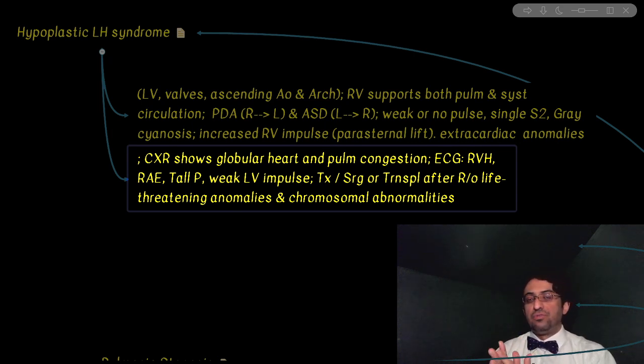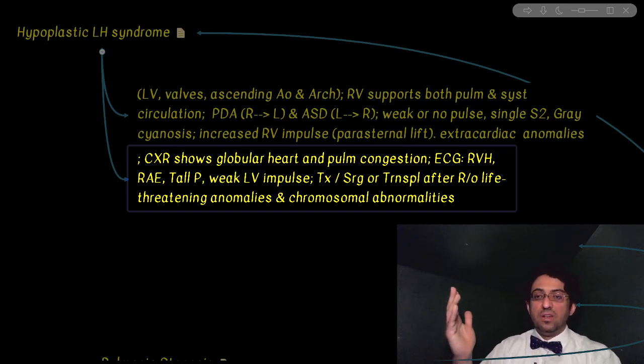What is the approach to surgical management of hypoplastic left heart syndrome? Given the strong association with several life-threatening extracardiac and chromosomal abnormalities, those conditions first need to be ruled out, and then a couple of surgical approaches such as septostomy and palliative shunt formation are the recommended surgical options.